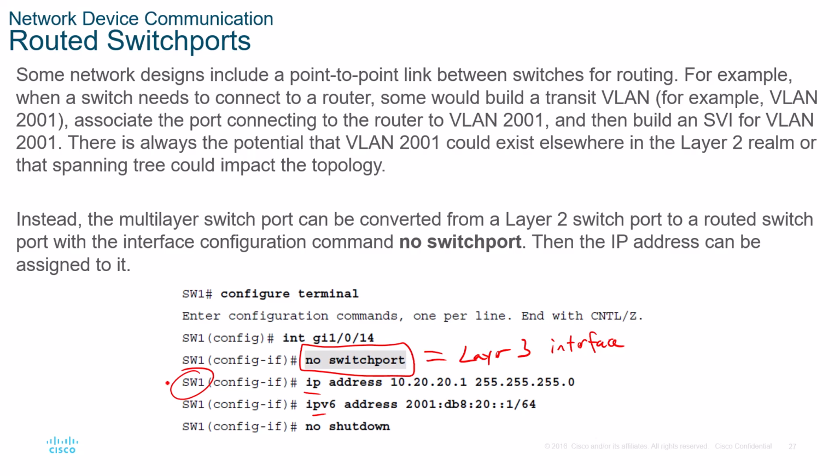So some network designs include a point-to-point link between switches for routing. Some would build a transit VLAN, associate the port connecting to the router to VLAN 2001, and build the SVIs. There's always a potential that VLAN 2001 could exist somewhere else, and so on. Again, a huge part here is you can turn an individual switch port into a routed port and connect it to your remaining layer 3 network.